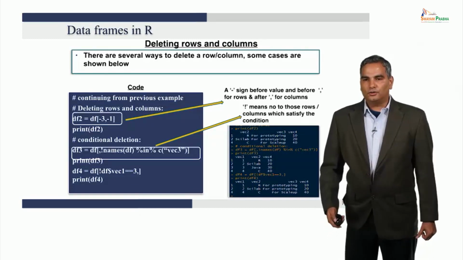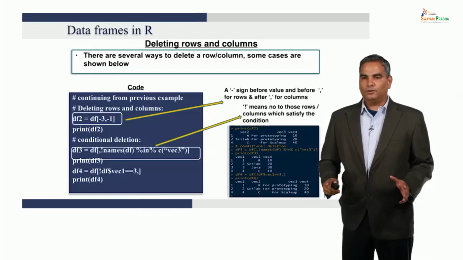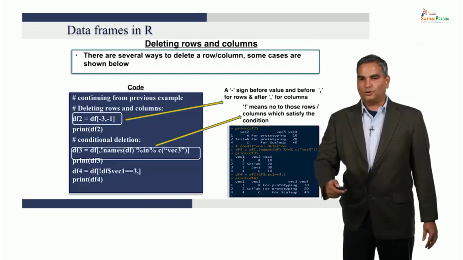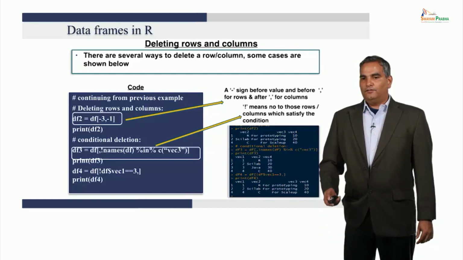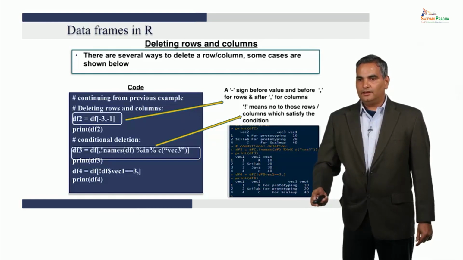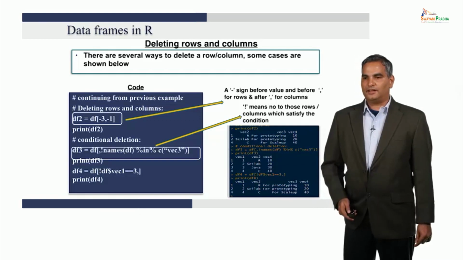You can also delete only a few with a single command. So the command shown on the screen is df4, which basically says any data frame row which has a number 3, you delete it. Everything else you retain. That is why the exclamation is there.